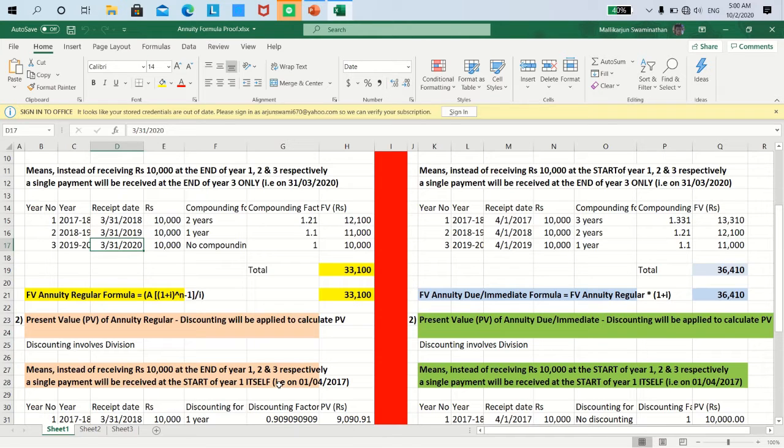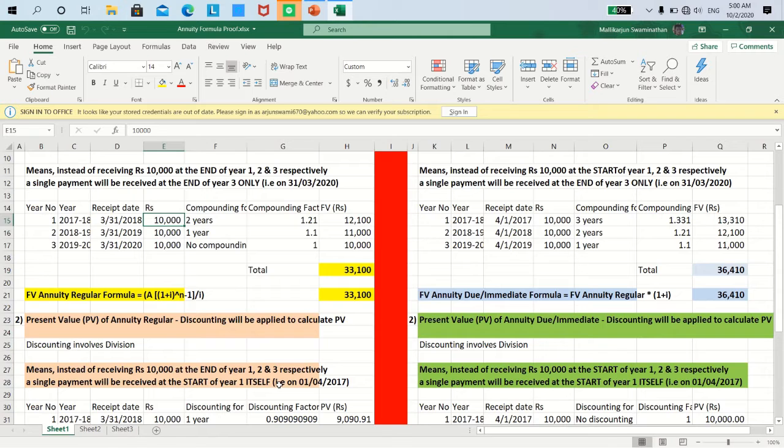It means that instead of Mr. X paying me rupees 10,000, highlighted in column E, rows 15, 16, 17, I repeat, instead of Mr. X paying me rupees 10,000 on 31st of March 2018, he should pay me this amount on 31st of March 2020, which is the end of the third year, correct?